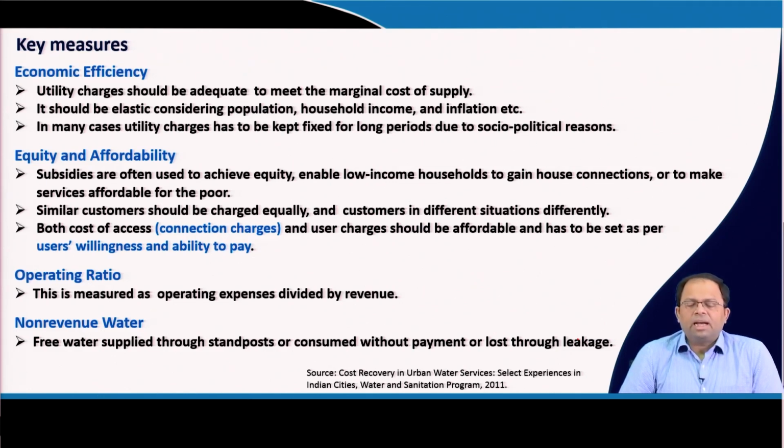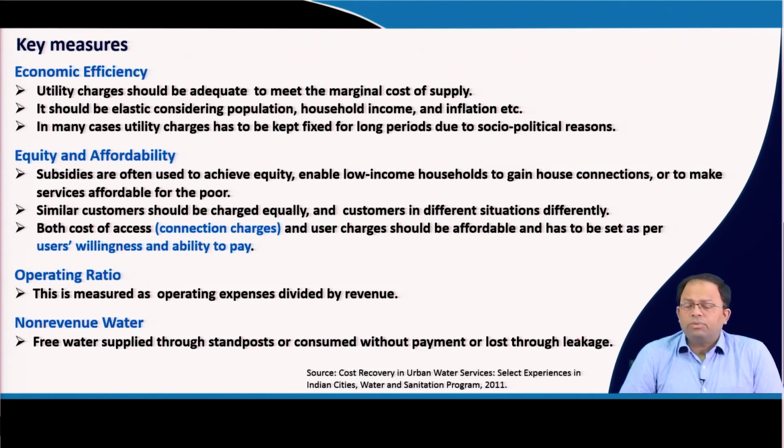So, that means the cost of supply should actually be met by these utility service charges, and it should be elastic. As we have already learned, water supply charges are a bit inelastic, but it has to be elastic considering population, household income and inflation.